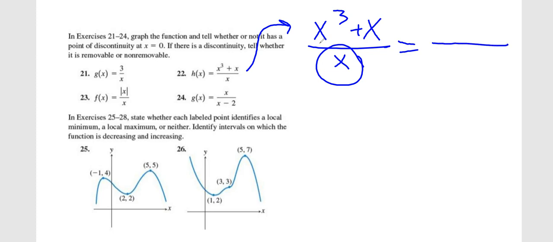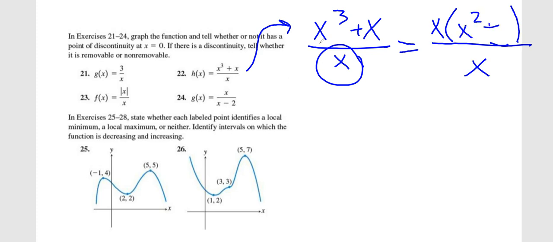Can you factor the numerator? Is there anything that you can do to that numerator? May I suggest a GCF? Can you pull anything out? You can pull an x out, right? If you do that, what are you left with in the numerator?